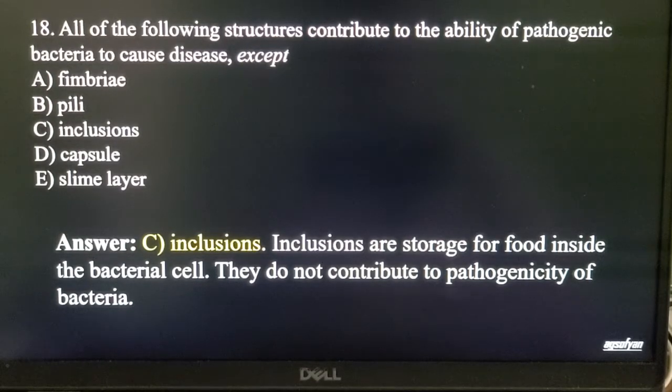And slime layer is used for attachment and also for making biofilm, which attracts many bacteria to come to the infection site. So again, the correct answer for this one is inclusion. Inclusion is the structure that will not contribute to pathogenic activity or causing the disease.